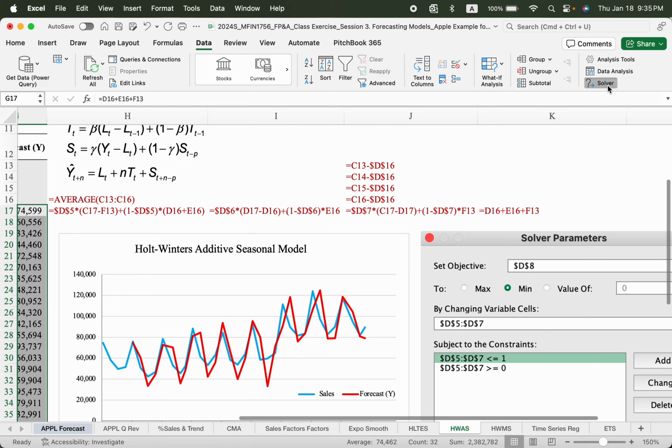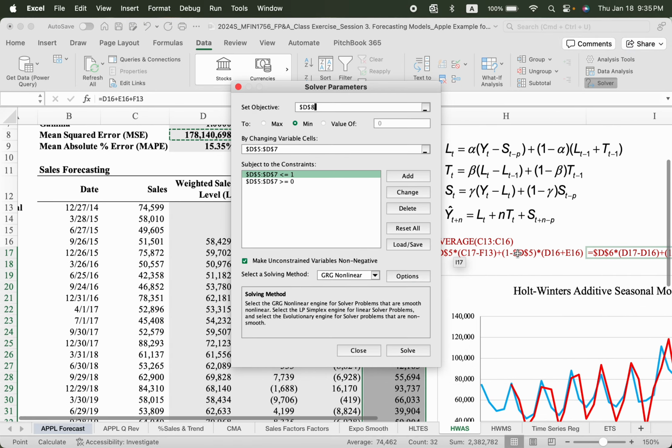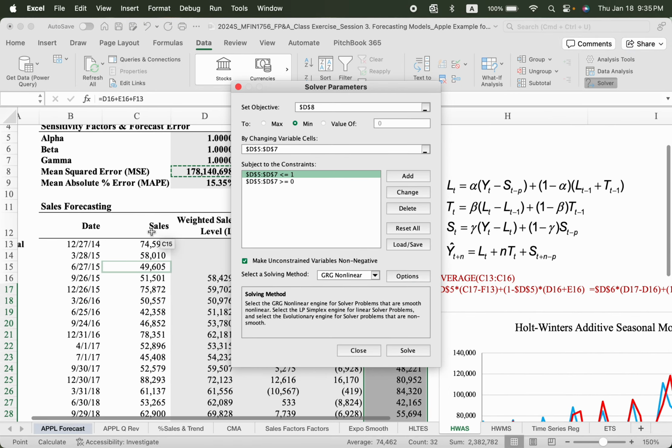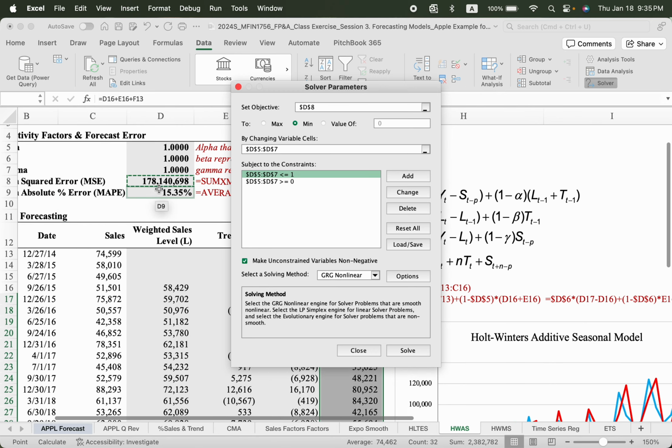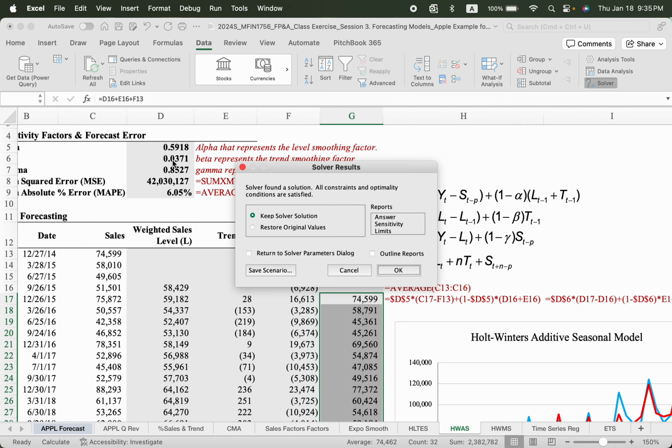Again, go to the Solver. The set objective in this case is the mean squared error, which we minimize. And then changing the variable cells of these three. And the constraints are that the variables are between 0 and 1. And then let's solve. So we found this.